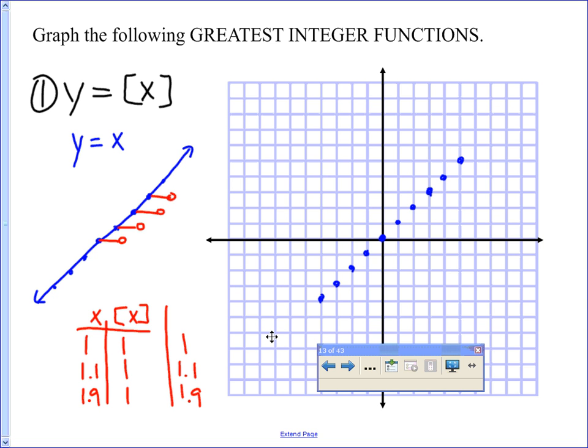But now, instead of connecting the points, what's happening is this. If I plug in 1.1, I get 1. If I plug in 1.2, I get 1. If I plug in 1.9, I get 1. All the way up to when I get 2, then I jump up and I get 2. It's here. 2.1, 2.2, and when I get 3, I jump up here. So these are holes in the graph here at the end, and it jumps up to the next level. And that continues. So that's the greatest integer function.